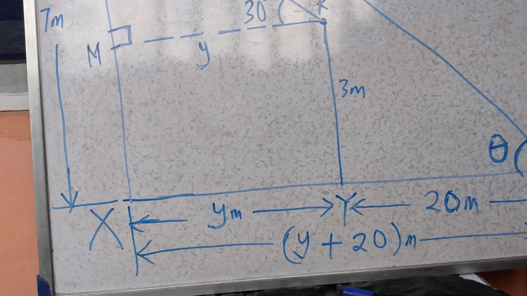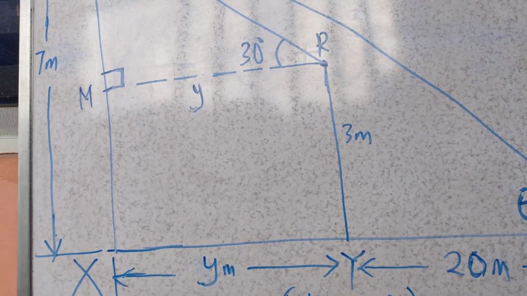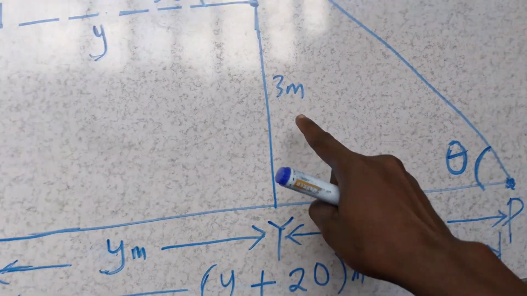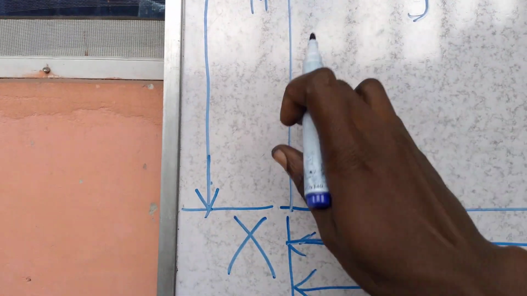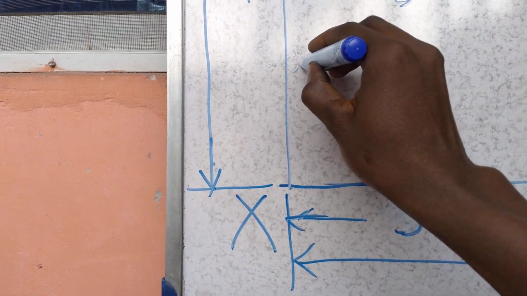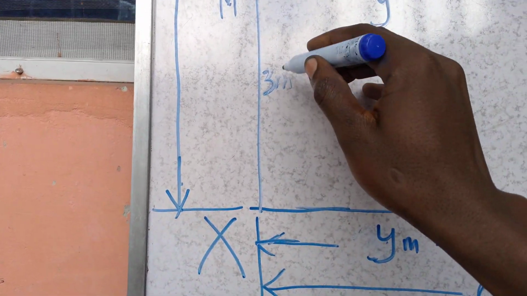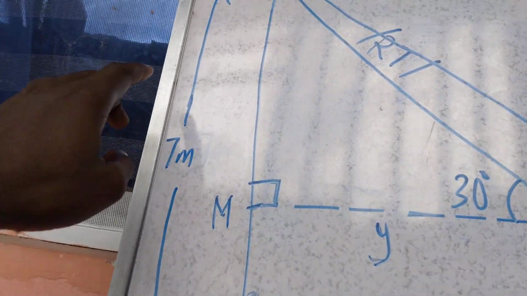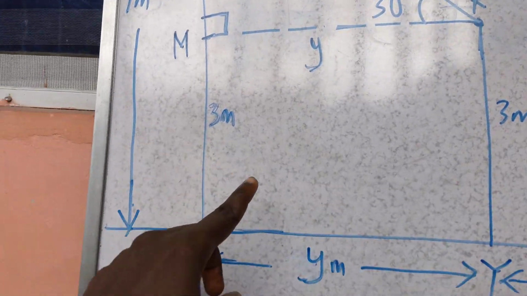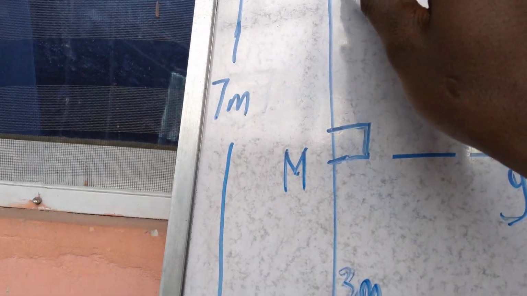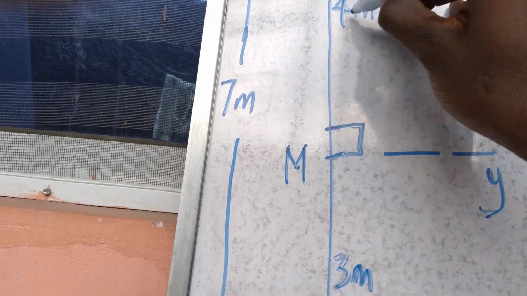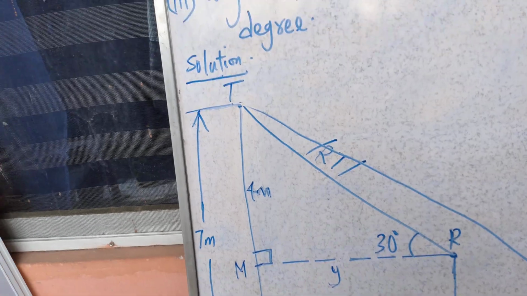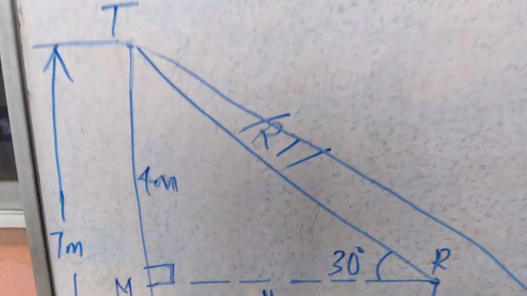If the distance from R to Y is 3 meters, that means from M to X is also 3 meters. From here to here is 7. 7 minus 3, this side will be 4. So that is 4 meters.